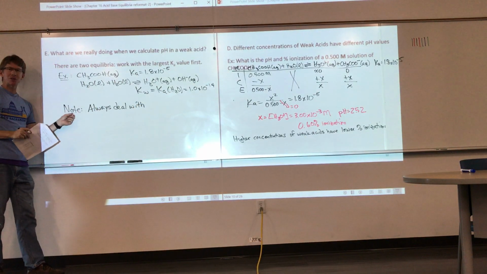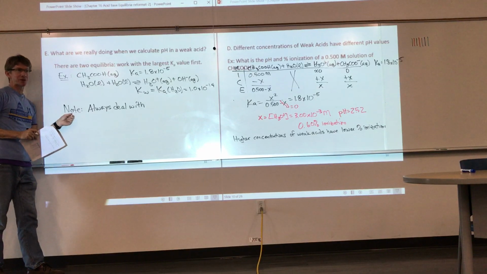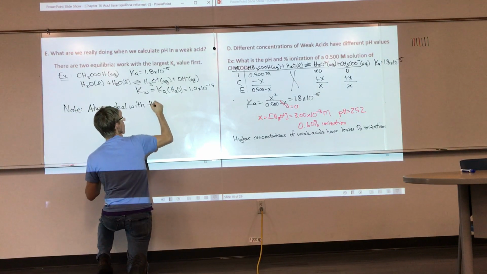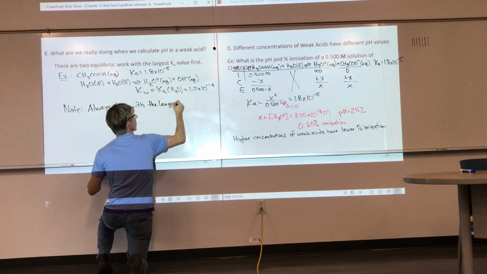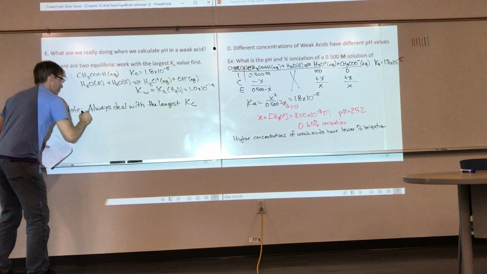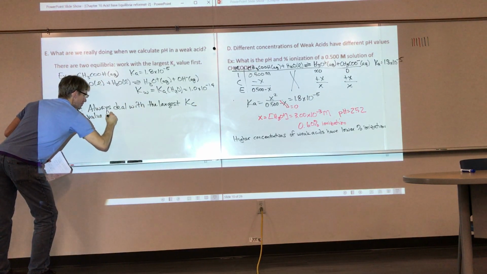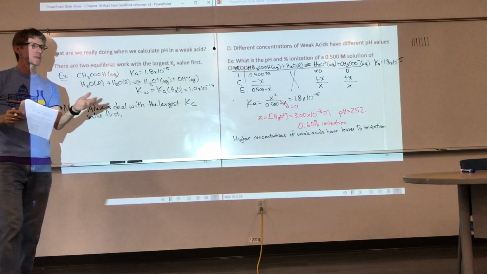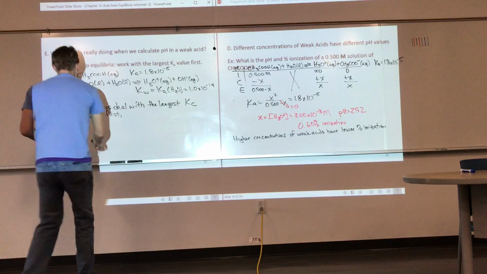I'm actually putting this in terms that are even general to chapter 15 when we dealt with equilibrium constants, not even before Kas. You always deal with the largest equilibrium constant first. We'll just call it Kc. Always deal with the largest Kc value first. What does that mean, deal with? What does it mean, deal with? Create an ICE table around.